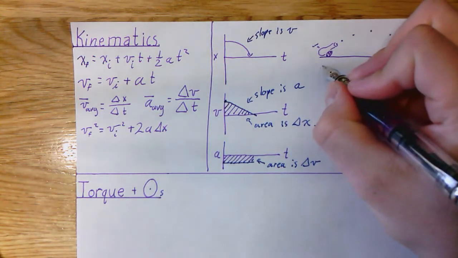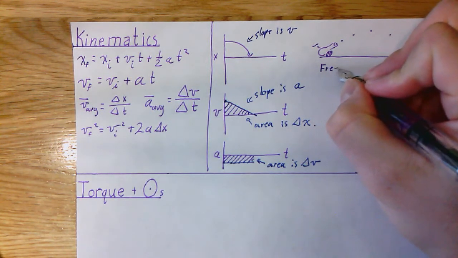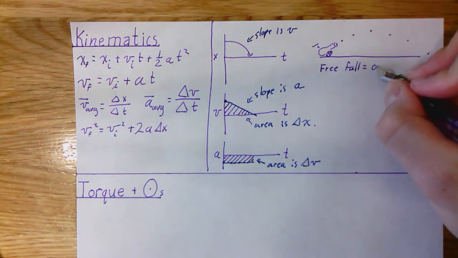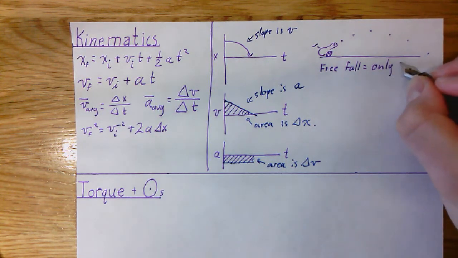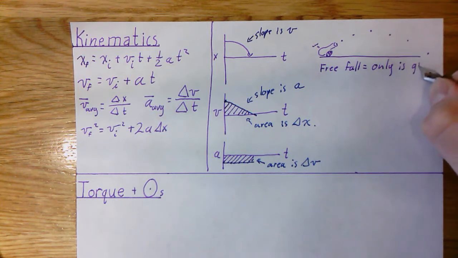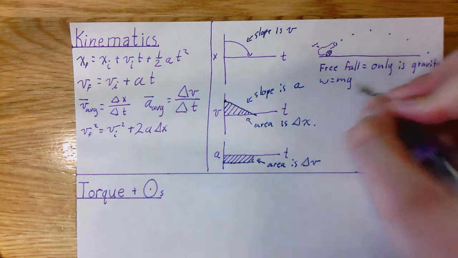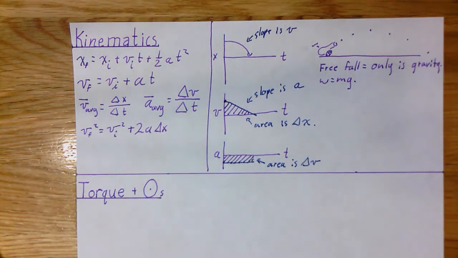Couple things we want to know here. This thing is what's called free fall. And free fall just means the only force is gravity, or weight. Weight equals mg. So the only force acting on this object the entire time is gravity, right?